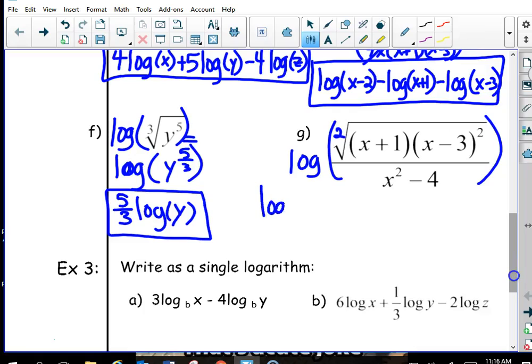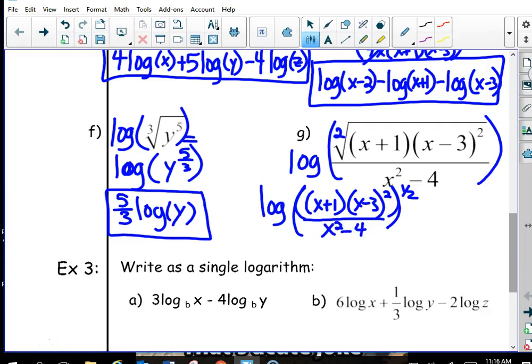So this is going to be log of x plus 1 times x minus 3 squared, all to the 1/2 power, over x squared minus 4. Now, x squared minus 4 will factor to x plus 2 times x minus 2, but it won't reduce anything, so I'm just going to leave it like it is.